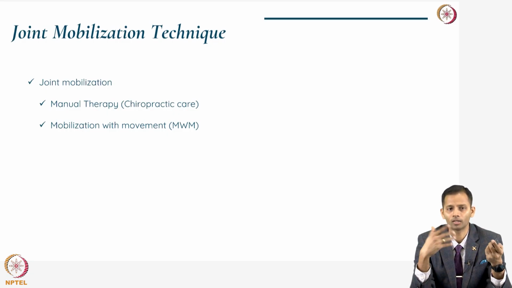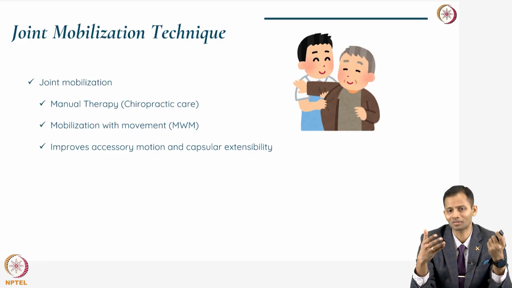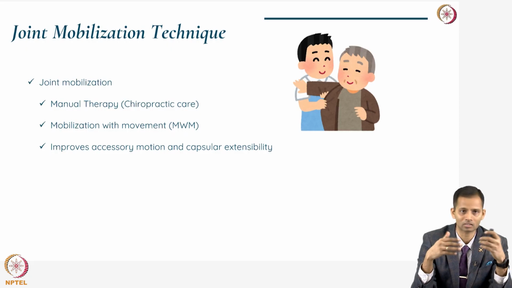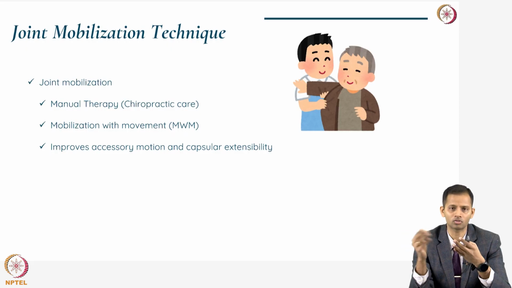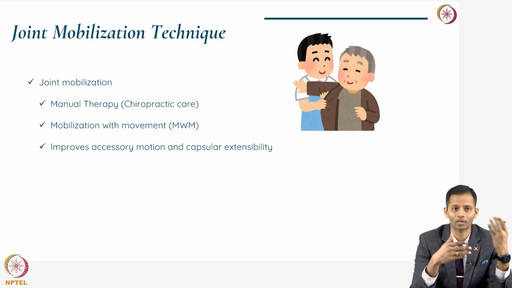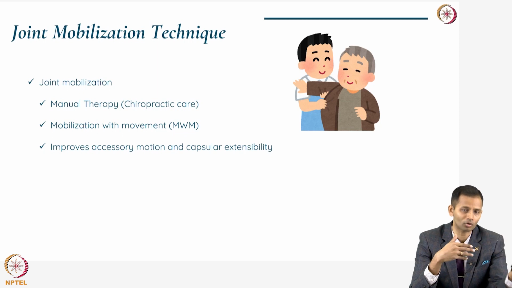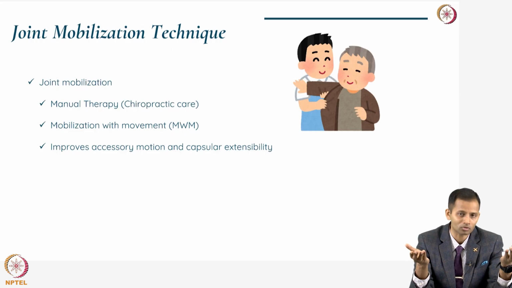So that again helps in mobilizing the joint, and improves the accessory motion and the capsular extensibility. More so, it is important in sports rehabilitation with capsular adhesions during the injury process, or even in cases where you have systemic diseases which may make the individual prone to capsular adhesions, like the commonly called frozen shoulder.